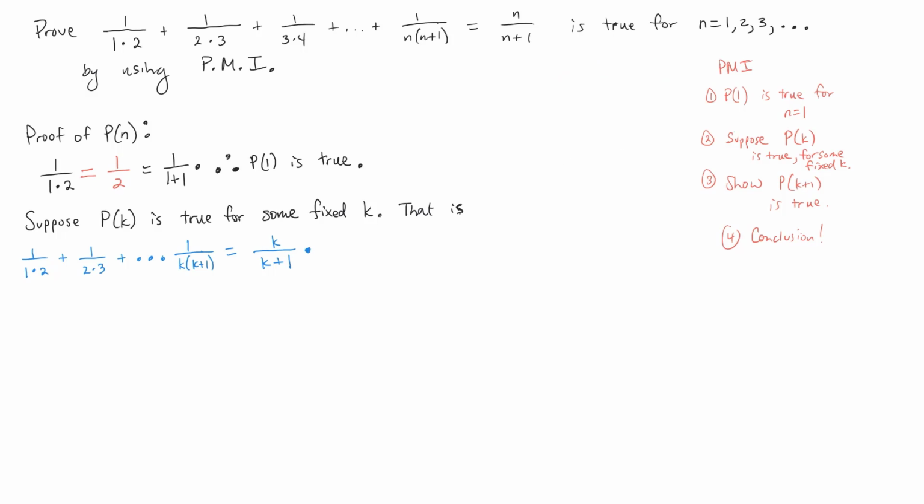So we're at a point where you're off to the side, showing the work here, and you've got to identify P of k plus 1. What is P of k plus 1?